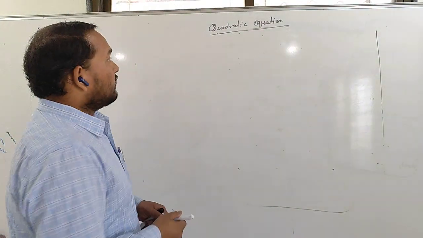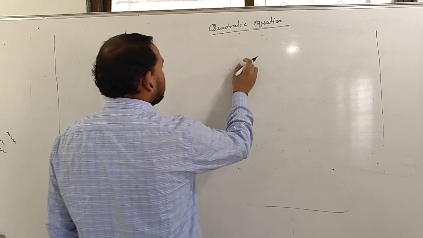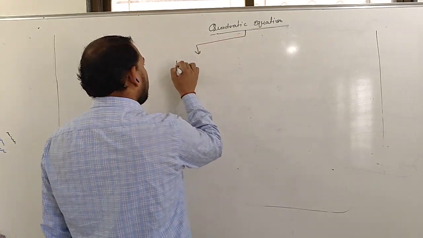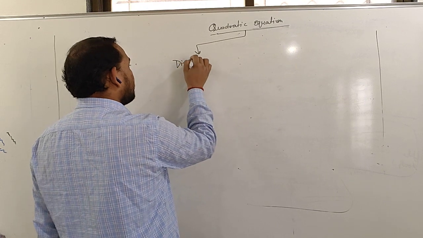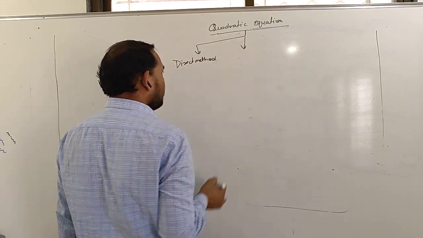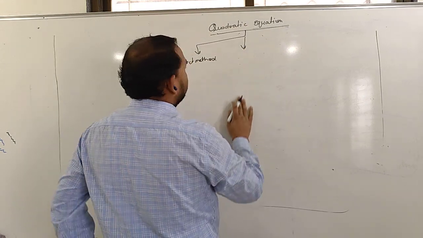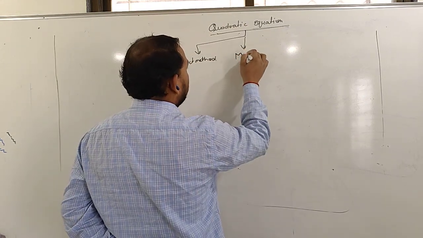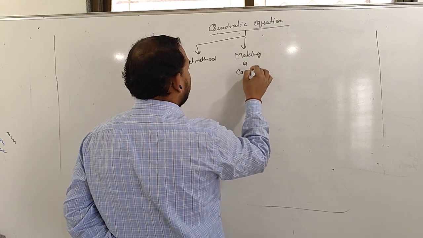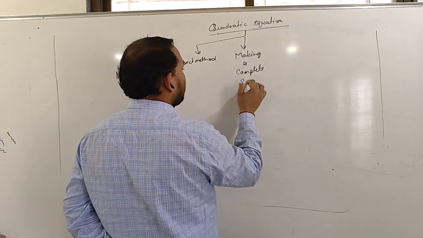Now, in quadratic equations, we have learned three methods. First, the direct method. Second, the making a complete square method.